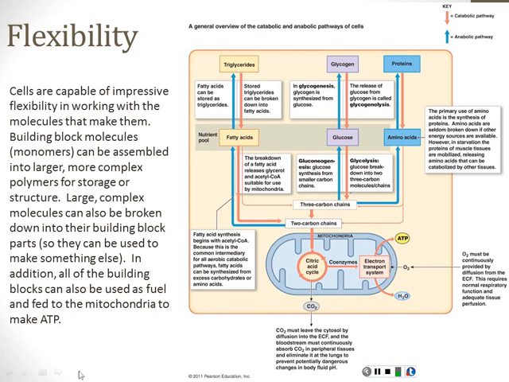So when we look at this box diagram, here's the nutrient pool: fatty acids, glucose, and amino acids. Those are the basics, the building blocks. The cells can anabolize, making bigger things like triglycerides, glycogen, or proteins, and they can catabolize. So we can go back and forth between this complex level and this simpler level.